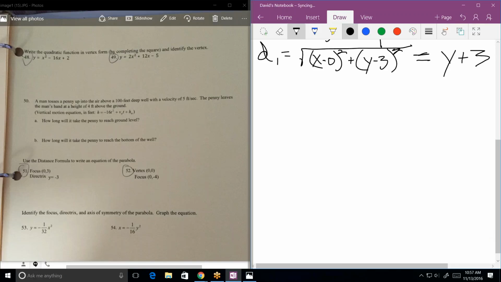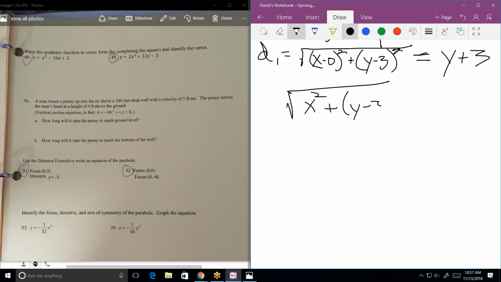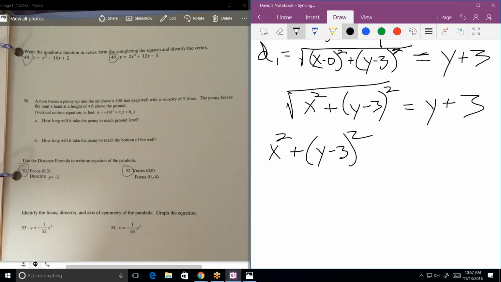Now we have the following. We have the square root of x squared plus the quantity y minus 3 squared, the distance formula for the one, and that's equal to this distance, y plus 3. Well, now all I have to do is square both sides, and I get x squared plus this quantity y minus 3 squared. In other words, I remove the radical sign.